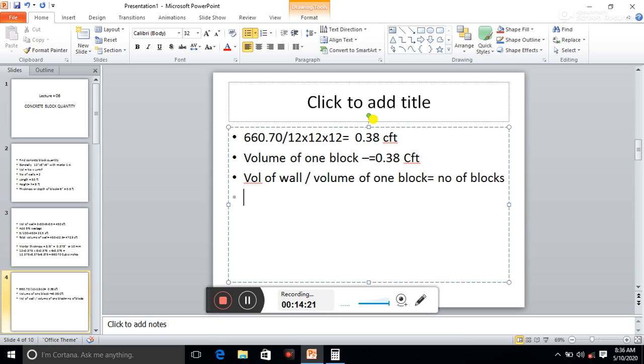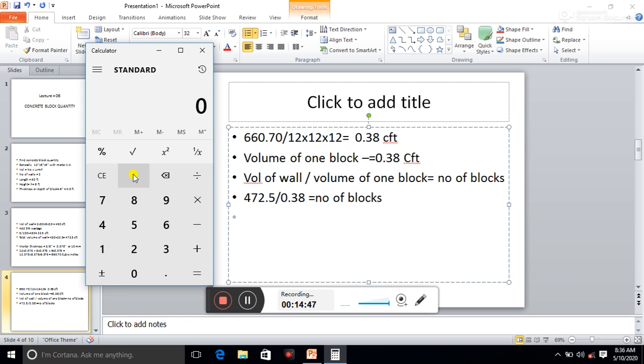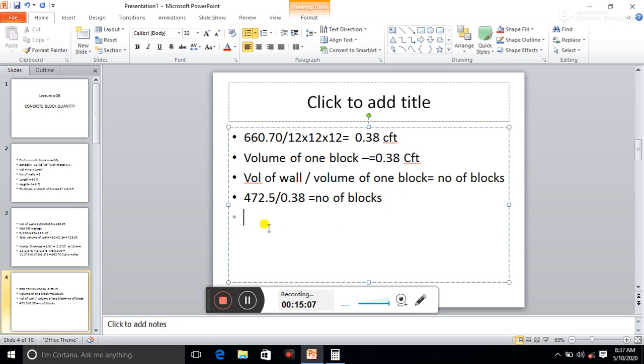The volume of wall was 472.5 divided by the volume of one block, 0.38, will equal the number of blocks. 472.5 divided by 0.38 will give 1243.4, which means 1244 blocks with mortar.